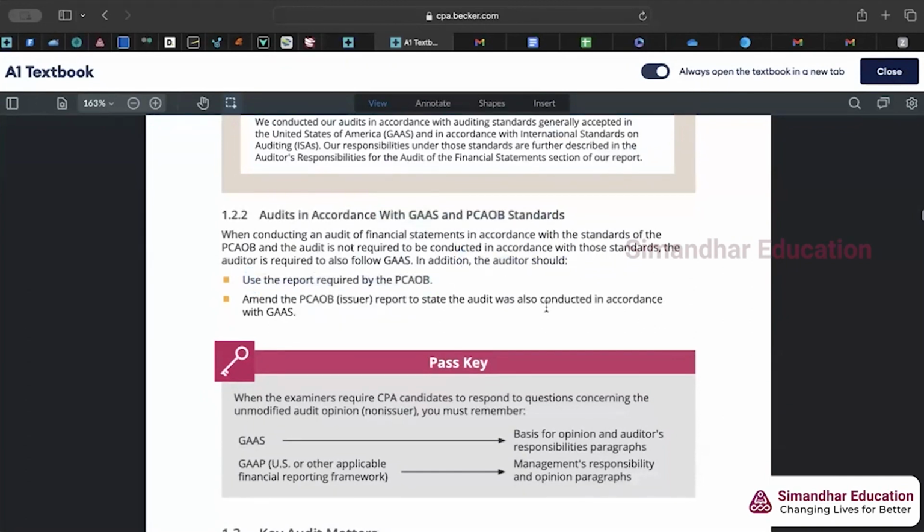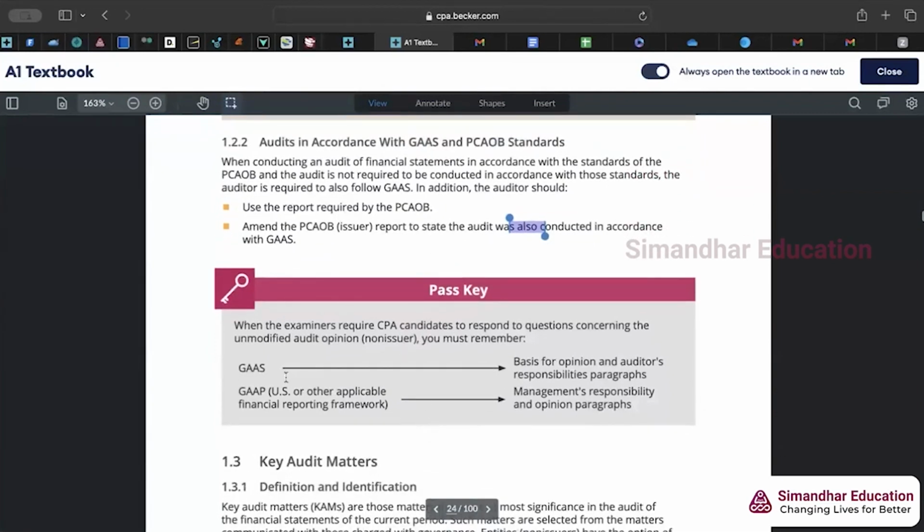Amend your PCAOB AS report to state that the audit was also conducted in accordance with GAAS. So you'll use the template from PCAOB and modify it a little. Okay. Very, very important passkey again. Please look at it.